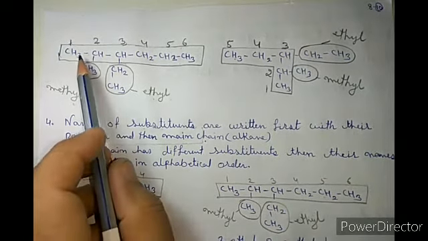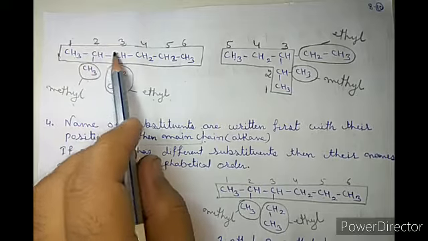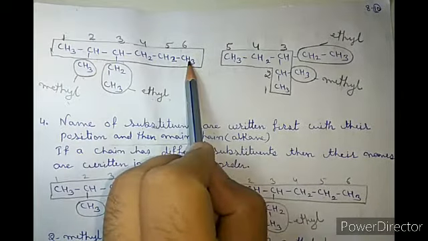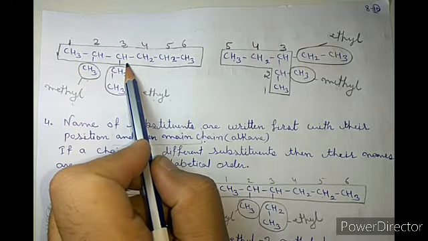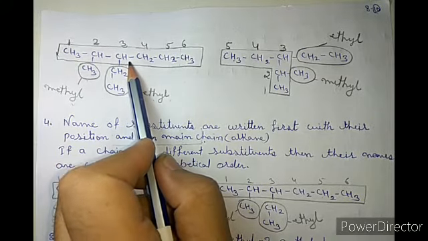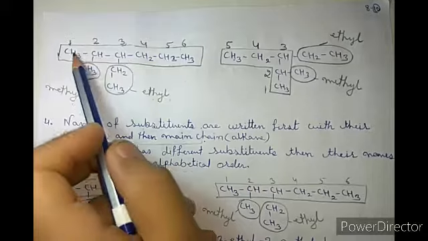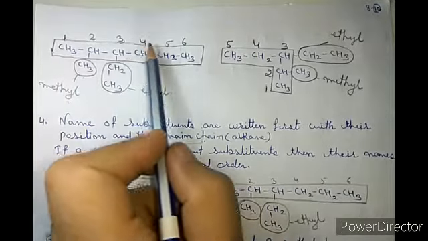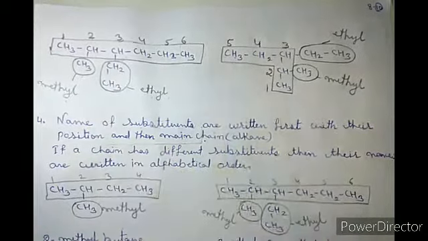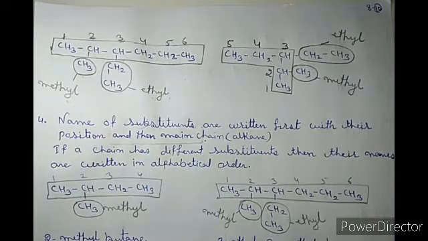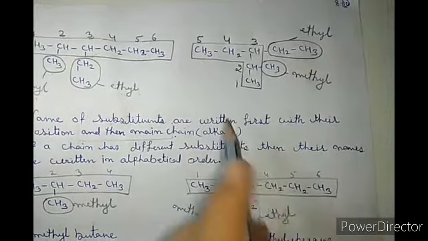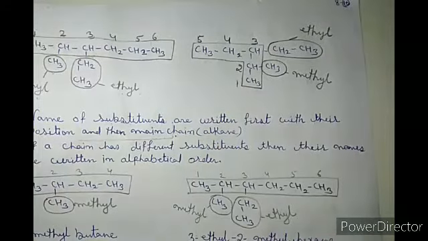If we start numbering from here, 1, 2, 3. If we start numbering from here, then 1, 2, 3, 4. So in which numbering is it getting the minimum number? This one. So from that side we will start numbering.